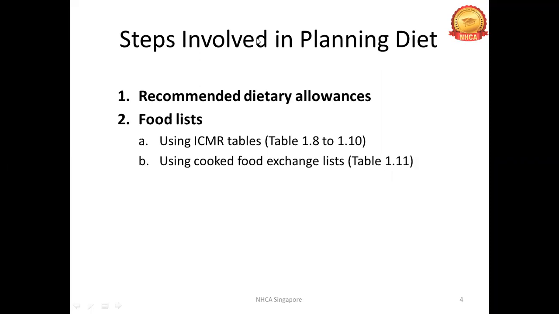No, table 1.8, you don't have to multiply with the portion. Just the portion size and the constituents of this portion are given. In the new book, its table number is 1.12, page number 25.